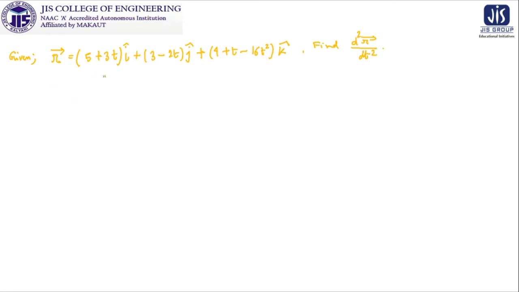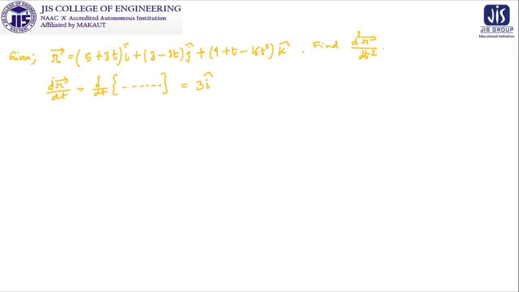So r is given, we will do dr/dt first. dr/dt is nothing but d/dt of this whole expression of t. So d/dt of (5 + 3t) i will give you 0 + 3i, because t will be differentiated with respect to t.